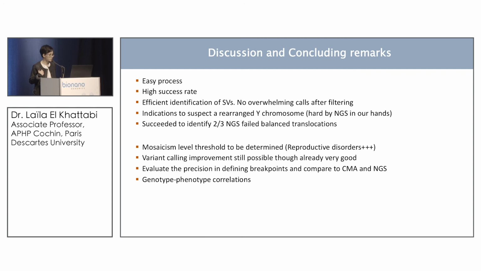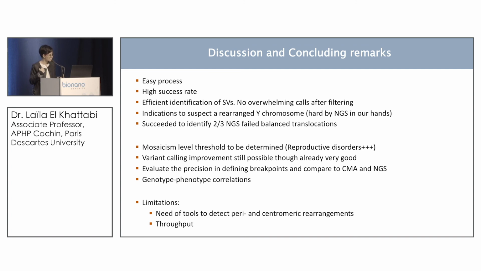We would like to evaluate the precision in defining breakpoints, but for now, at least for copy number variants, we were really close to the breakpoints that were found by CMA. So we are quite confident for that. And we are going to dig into the genotype-phenotype correlations, obviously.